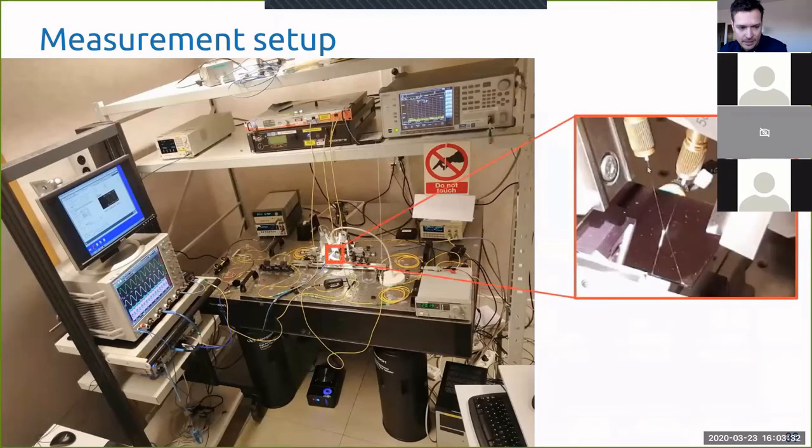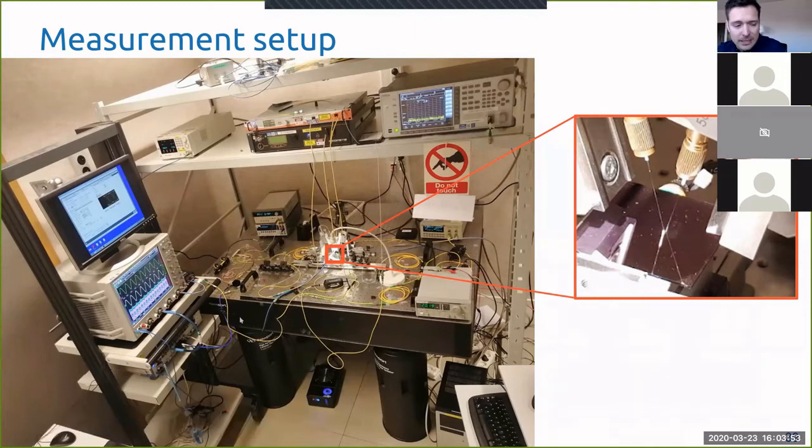And then here you see the optical fiber arriving on the chip, and it does its thing on the chip. So it goes through the cavity on the chip, and then it leaves the chip again along this optical fiber. Then the light goes through a second amplifier, and then back into the real-time oscilloscope.